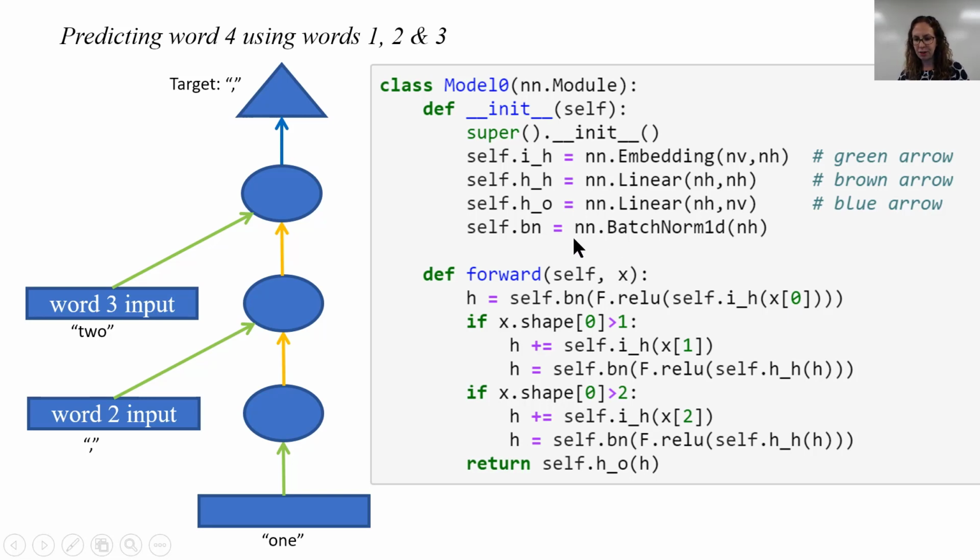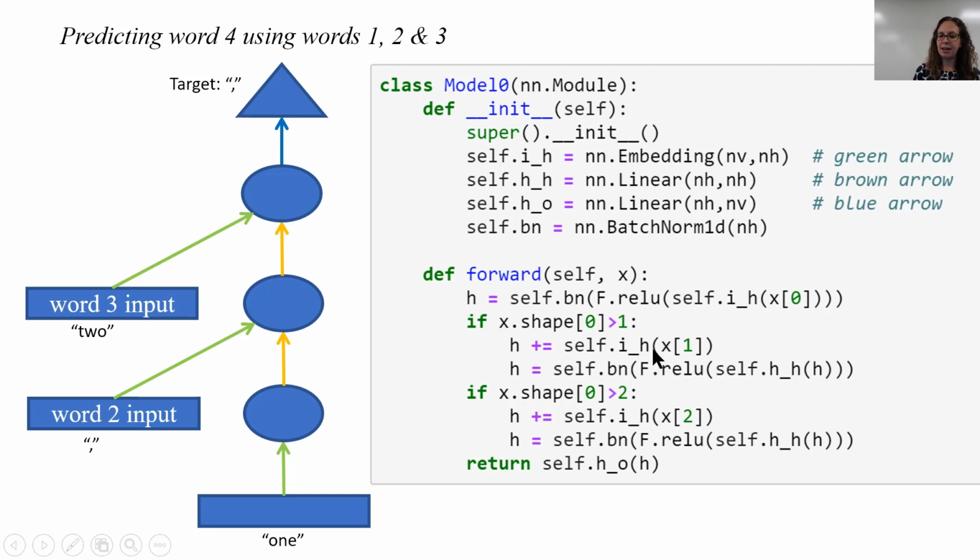We'll also be using batch norm. And how this works is a forward step is to take a batch norm of a ReLU of input to hidden, which is the embedding layer on your 0th word. Then if it's long enough that you have a first word, then you'll do that hidden state plus equals the embedding layer of the first word.